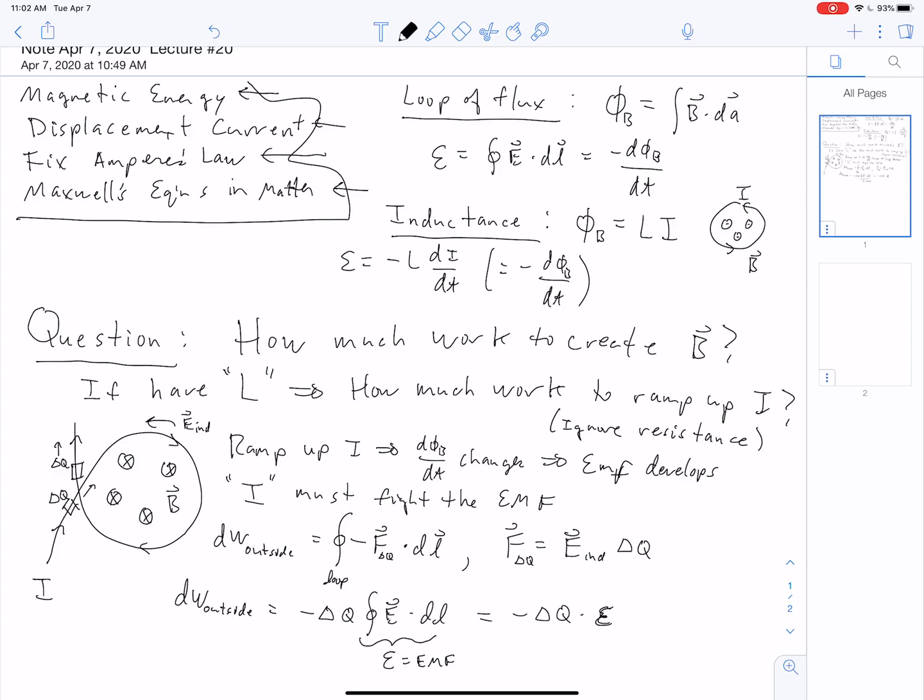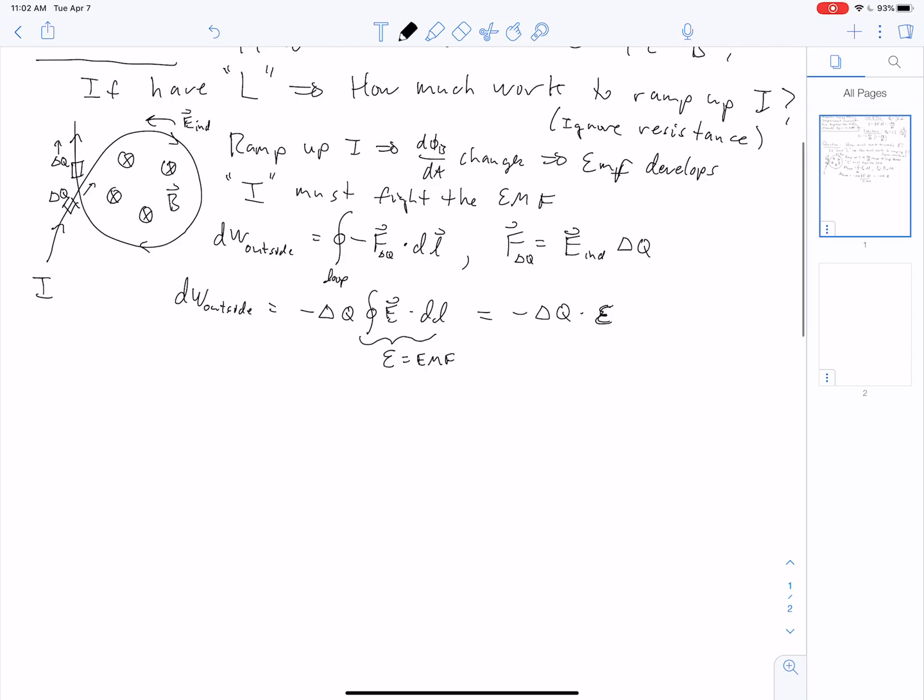What we can do next is divide by time, by delta t. We're going to assume that we can push the charge through the loop in some time delta t, so we divide both sides of the equation by delta t.